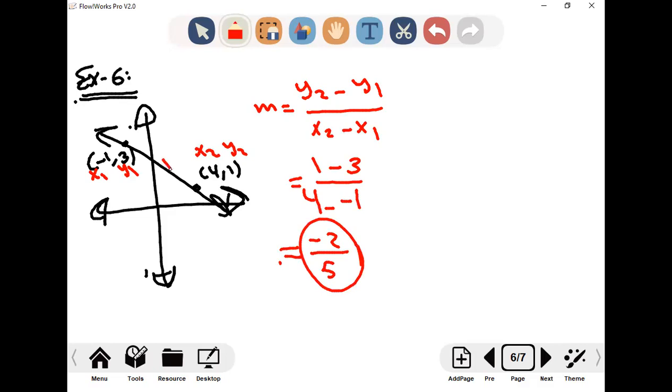Negative, that's why it is decreasing, right? But let's do the check. After example 6, we have a check. Let's do it.